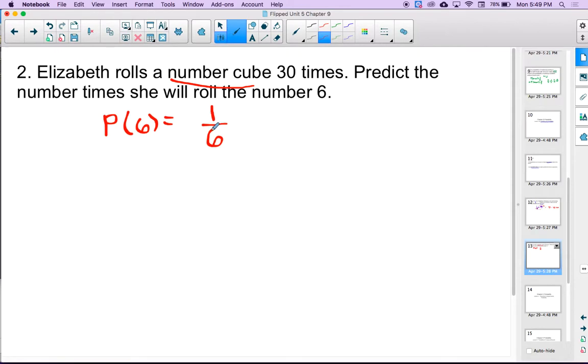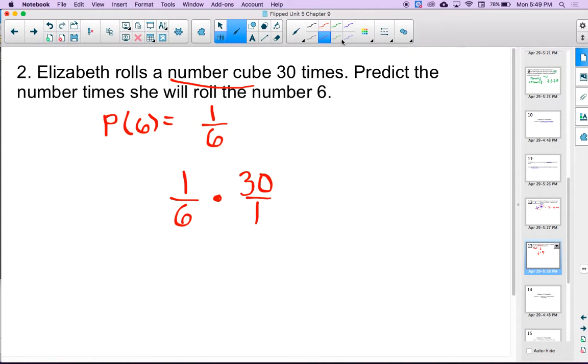If we want to know how many times Elizabeth should get the number 6 if she rolls 30 times, we take that probability and we multiply it by the number of times we are doing the experiment. So 1/6 times 30, make your 30 a whole number.